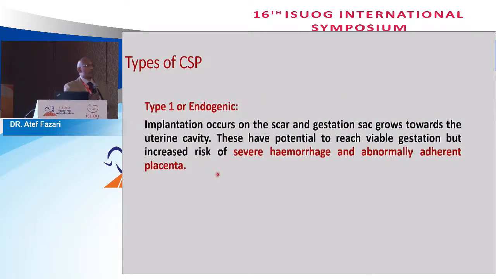Anyhow, whatever the result, when the patient is diagnosed she should be classified into two types: either type 1 scar ectopic pregnancy or type 2. Type 1 means endogenic. After implantation of the gestational sac at the scar site, the growth, for some reason, goes towards the endometrial cavity.